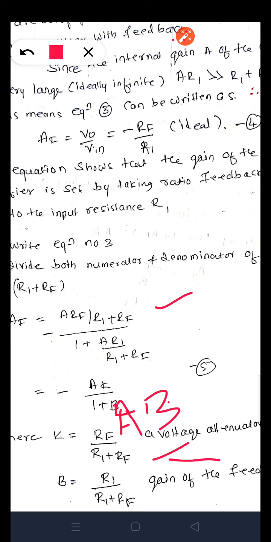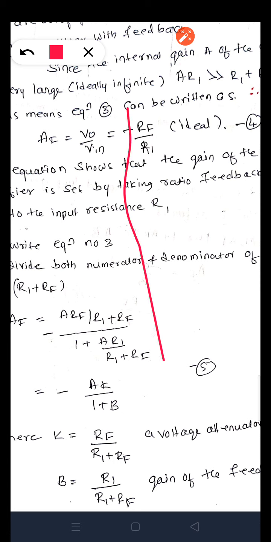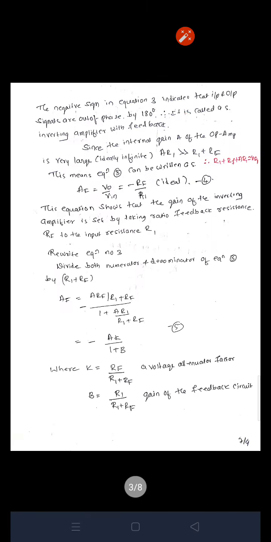That is called the voltage attenuation factor. Similarly, we define B is equal to r1 divided by r1 plus rf, that is the gain of the feedback circuit.